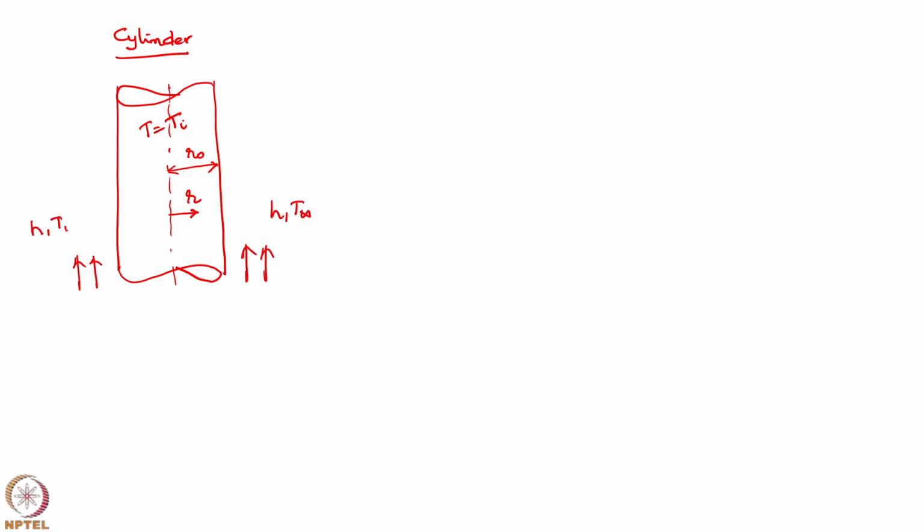You can imagine this is the cylinder, this is the pen, over which the flow is taking place, and we are interested in the temperature distribution T of r comma t. Again, without derivation, we will get the temperature distribution as a function of Biot number and Fourier number, that is it.